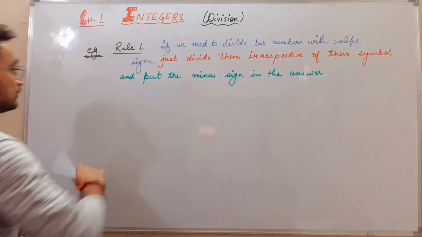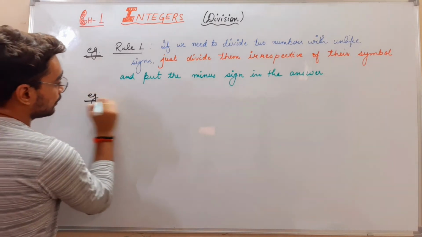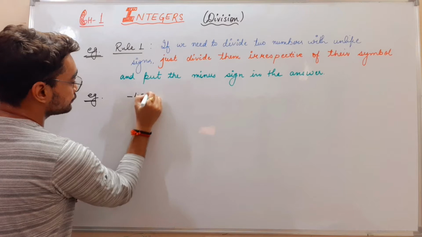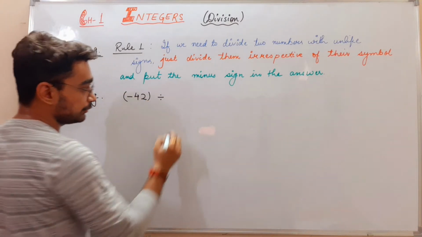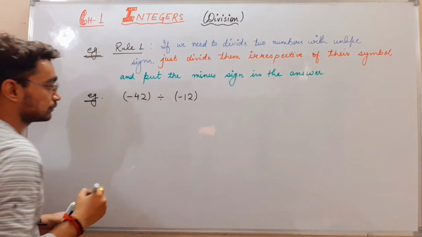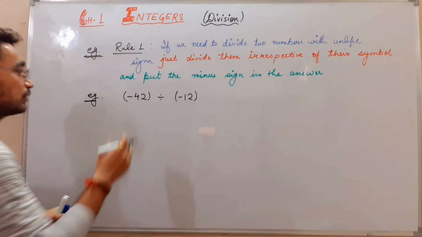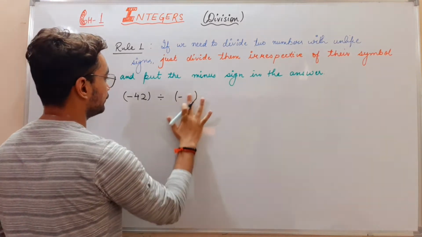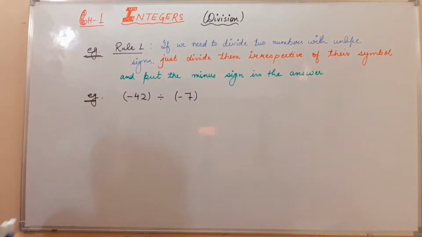Let us try to do some example here. Minus 42 divided by minus 7.